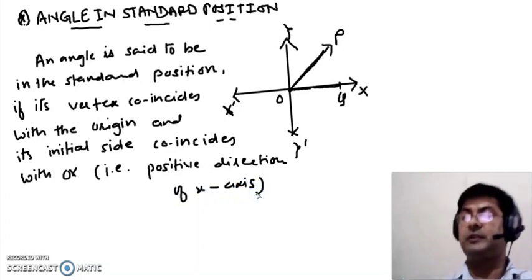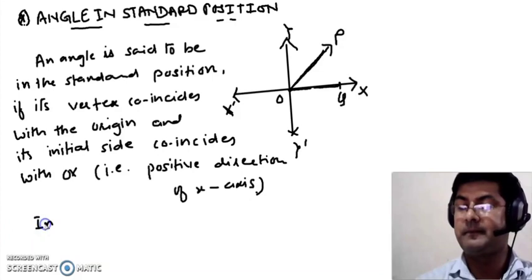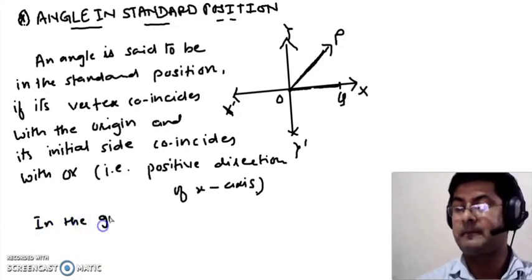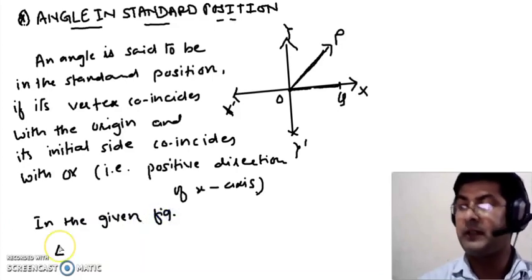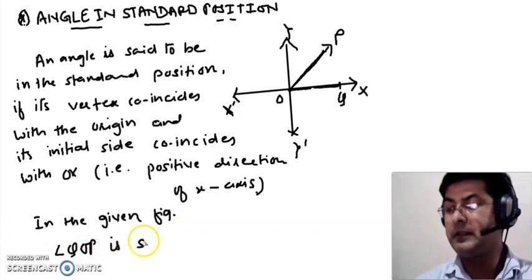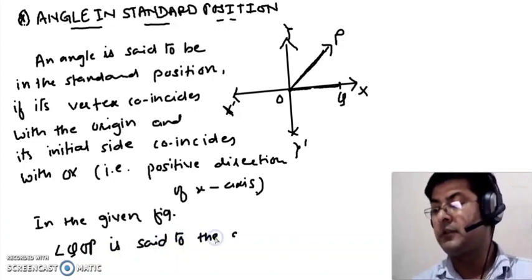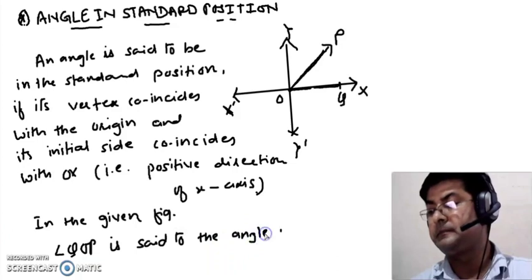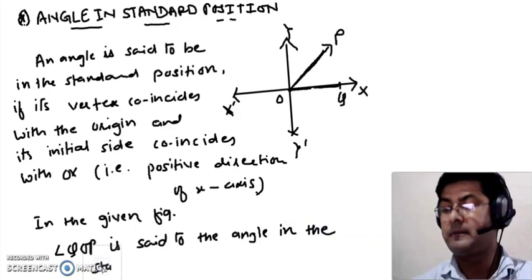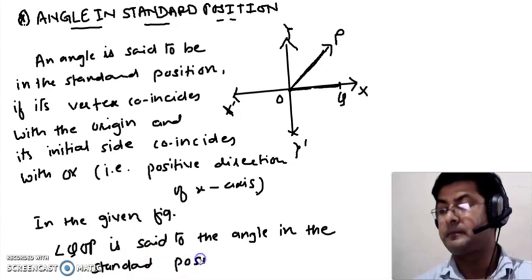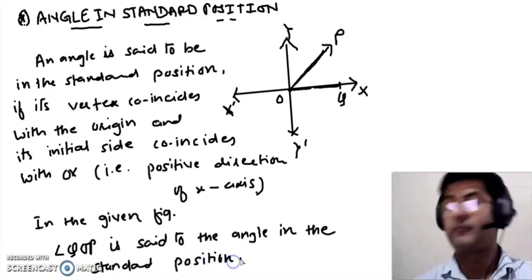Clear? So here in the given figure, angle QOP is said to be the angle in the standard position. Clear?